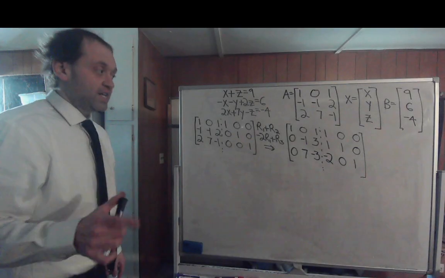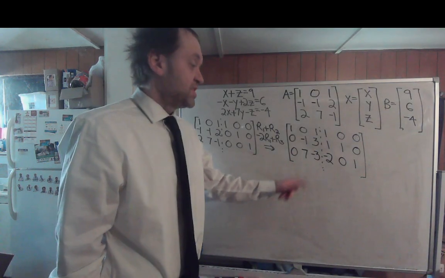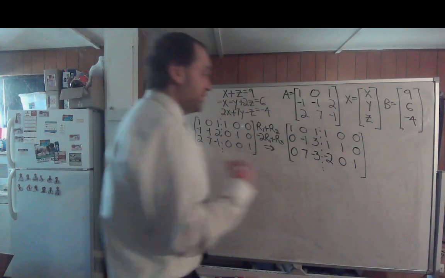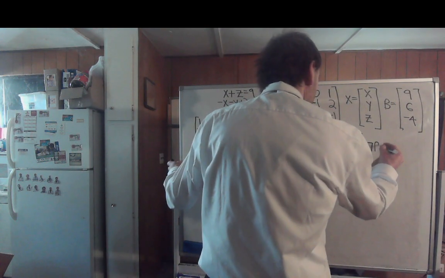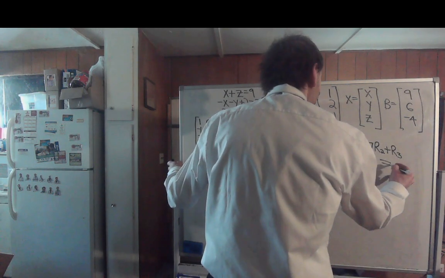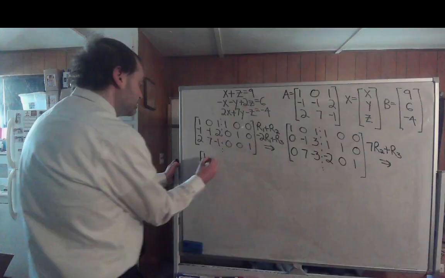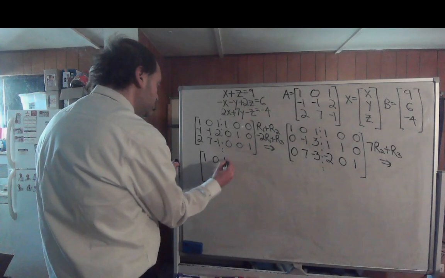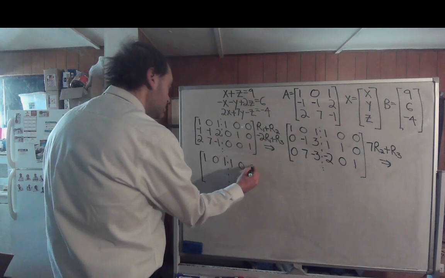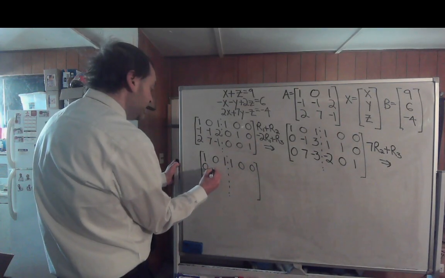Next thing I suggest is we make the second digit in row 3 also a 0. That's easy. If I just take 7 times row 2 and add it to row 3, I can certainly do that. So row 1 we'll still leave alone for now. Row 2 we're still not changing just yet.